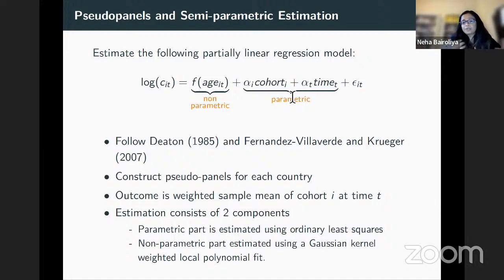Together, we're going to estimate this entire regression model semi-parametrically, where some of it is estimated using OLS and the other is estimated non-parametrically. In short, we are going to use the Robinson estimator for estimating this regression model.